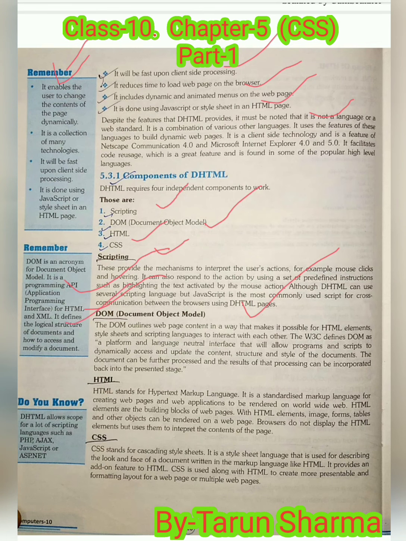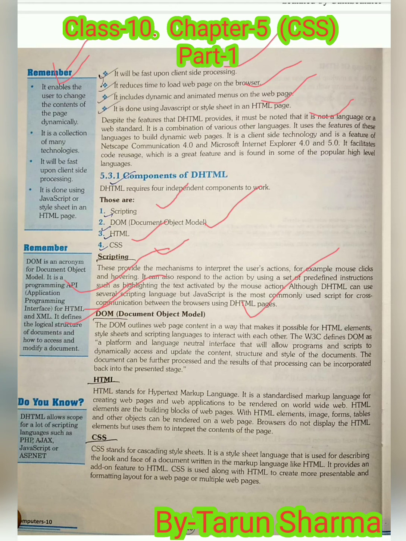Next is DOM. DOM stands for Document Object Model. The DOM outlines web page content in a way that makes it possible for HTML elements, style sheets, and scripting languages to interact with each other. The W3C defined DOM as a platform and language neutral interface that will allow programs and scripts to dynamically access and update the content, structure, and style of documents.